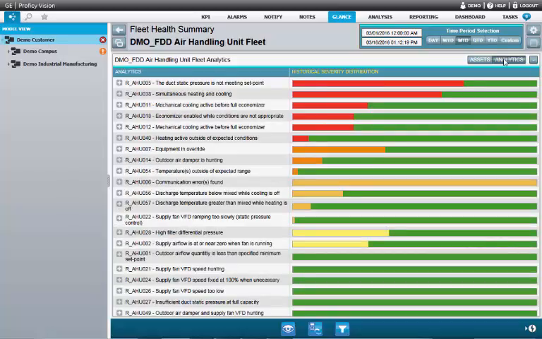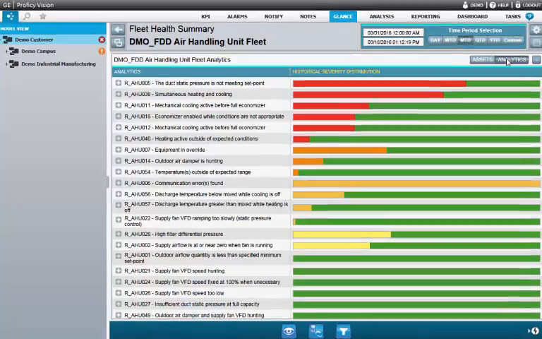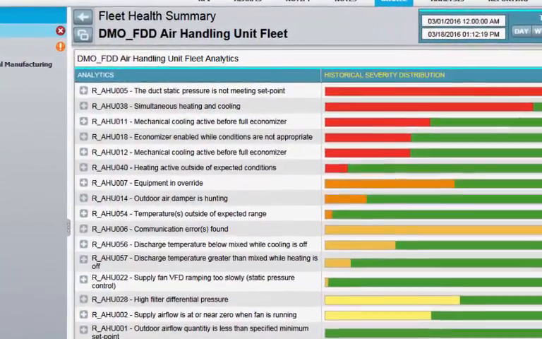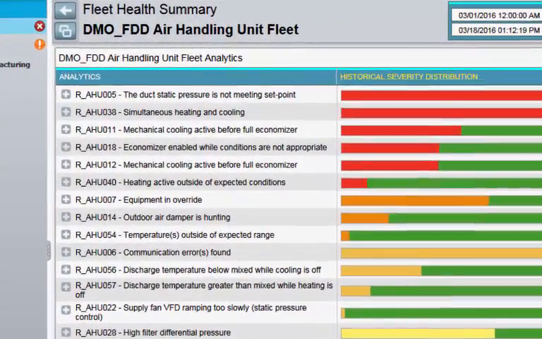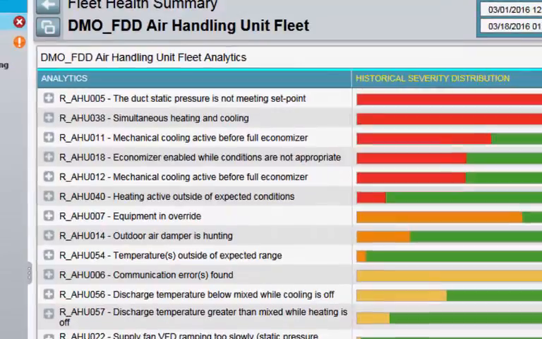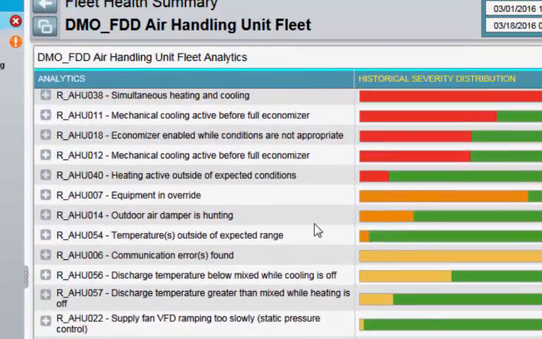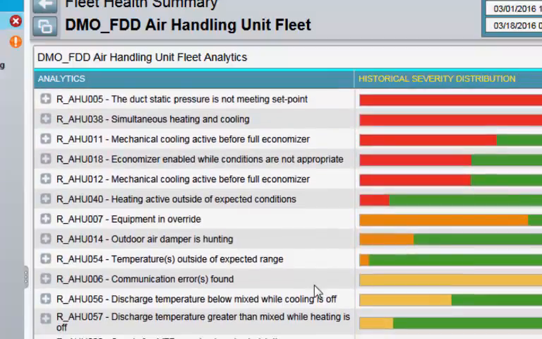Conversely, you can also look at all of our analytics deployed across the different assets. So this view, which is now sorted by analytics, gives you a high-level view of all of the different problem types that might be occurring with that equipment type, in this case air handlers. And so you can see this list, which is actually a fraction of the total available analytics within our set, is I think 40 to 60 plus for air handling units.